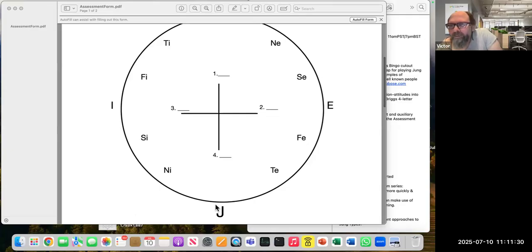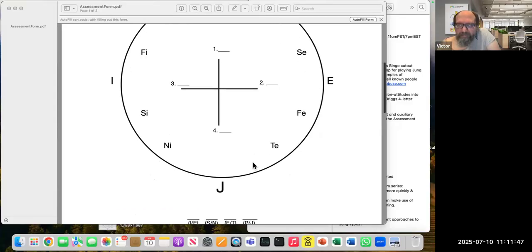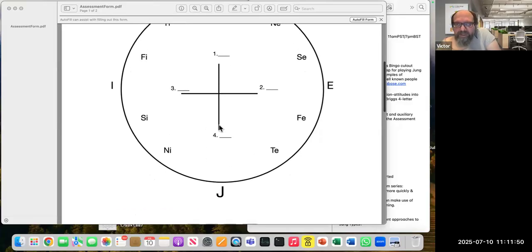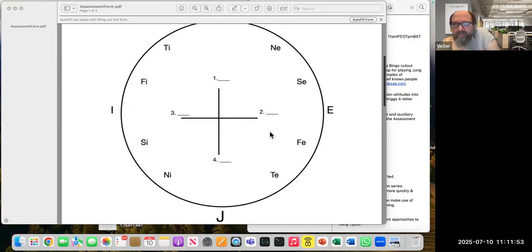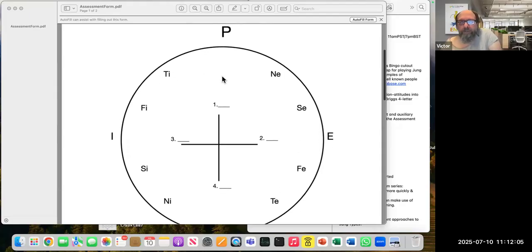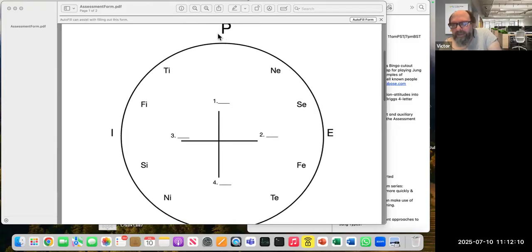They would be the four possible functions. Two of these four possible functions would be showing up in a personality type that had a J at the end, versus the two of these would show up in the personality type that had a P at the end.